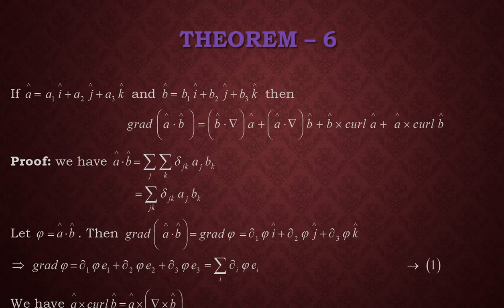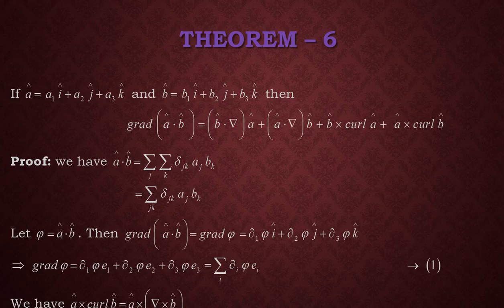The vector identity which we are going to prove is the gradient of A cap dot B cap equals B cap dot del times A cap plus A cap dot del times B cap plus B cap cross curl A cap plus A cap cross curl B cap. This identity has a symmetry in it. Now let us prove this identity.